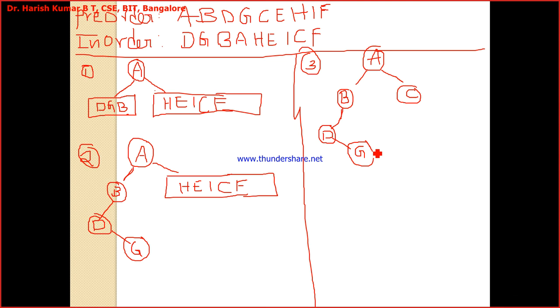And now for C, I think G has already taken its position. E, H, I and F, they take the right side position.